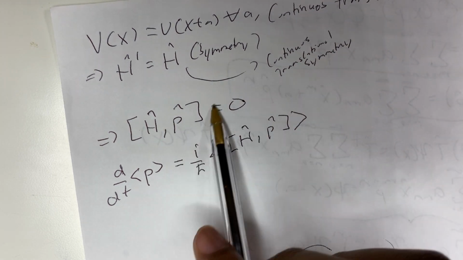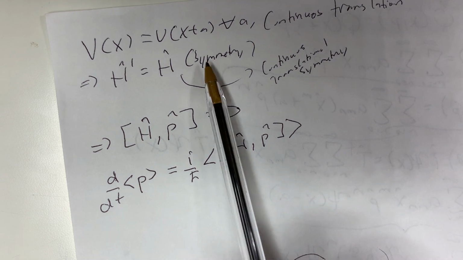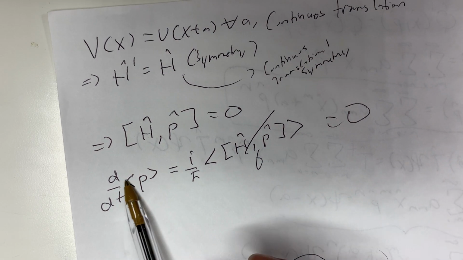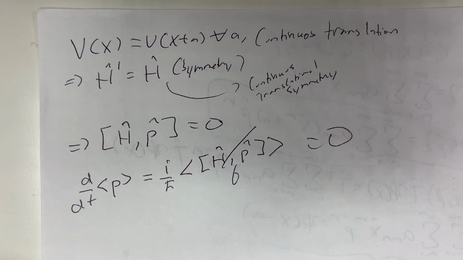And you find that this is 0 if you have a continuous translational symmetry. So this is 0, which implies that the expectation value of momentum is conserved. Amazing. Mind blown. Wow. Clap for yourselves.